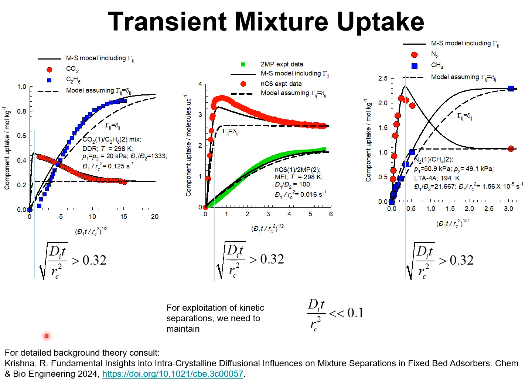Another point to note is that I show here the requirements of the LDF model, which mandates that the square root of the product of the diffusional time constant times the contact time should be greater than 0.32.